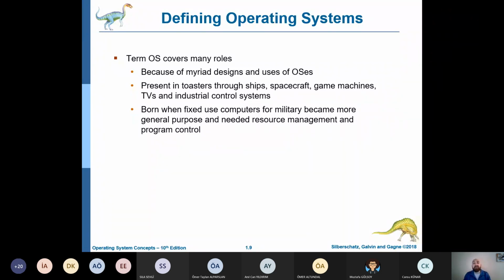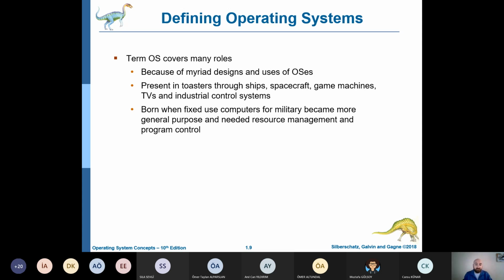So actually, to understand the operating system concept, we can take a look at the history of computers. Basically, operating systems were born when fixed-use computers for military purposes became more general purpose and needed resource management and program control.